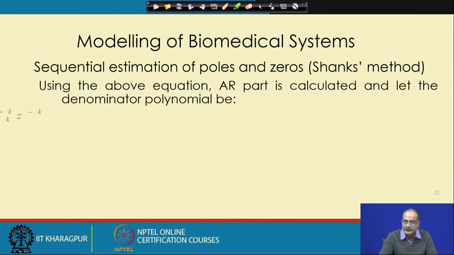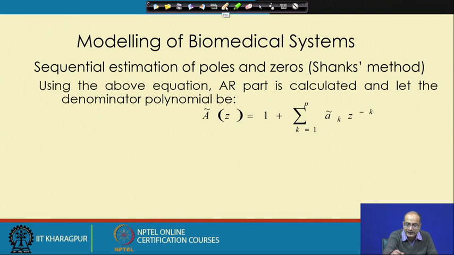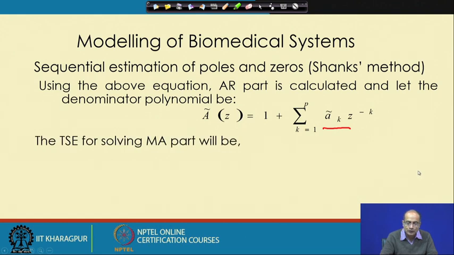Now, using that equation, first the AR coefficients are computed, and then we get the estimated values of ak, represented by ak tilde, and we compute the corresponding polynomial Az, or the estimate Az tilde. Now, as we have Az tilde, we can look for the total square error for the MA part.